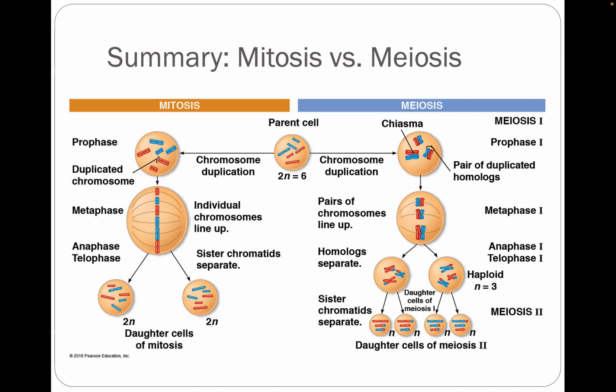All right, and here's a nice summary slide to compare and contrast mitosis versus meiosis. Mitosis is regular somatic cell division. We should end up with daughter cells that have the same genetic complement as the parent cell.